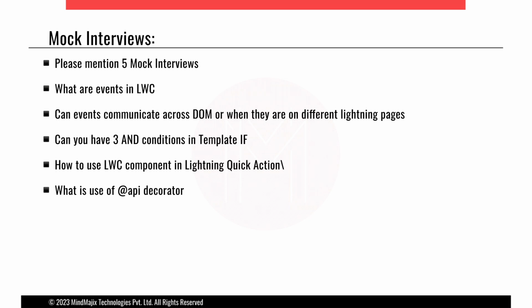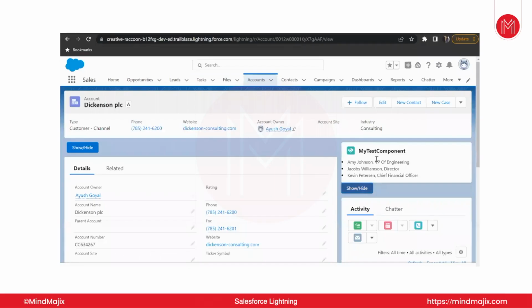Can events communicate across DOM or when they are on different Lightning pages? What does that mean? For example, I have this component here, right? Let's say I have another page, contacts, which has a second component. Now I want this component to communicate with the second component, which is on the contacts page. So is that a possibility?